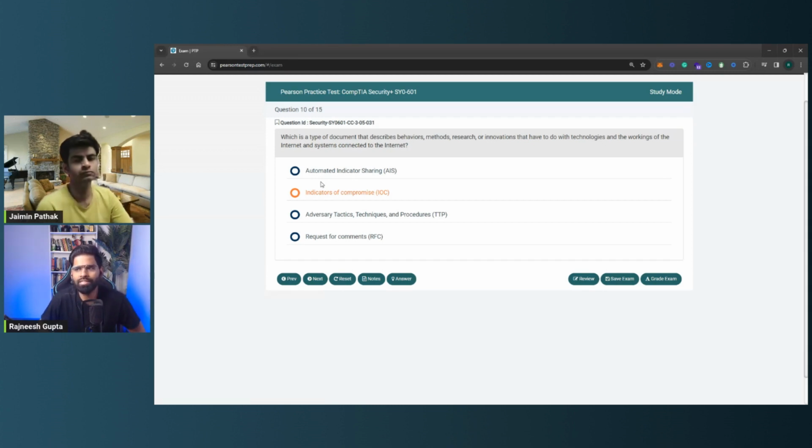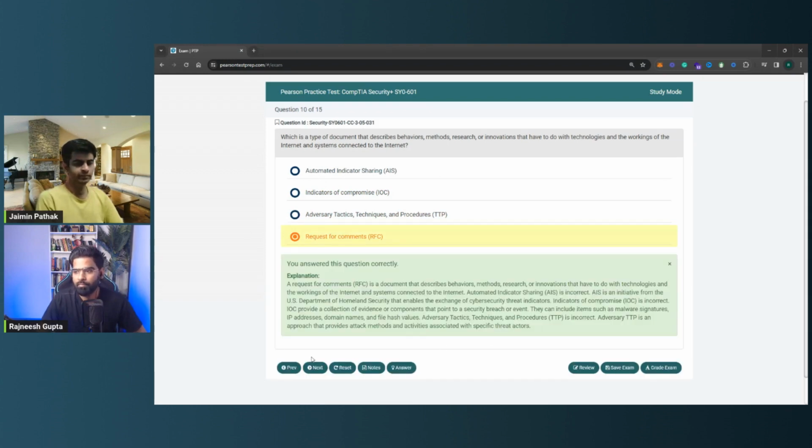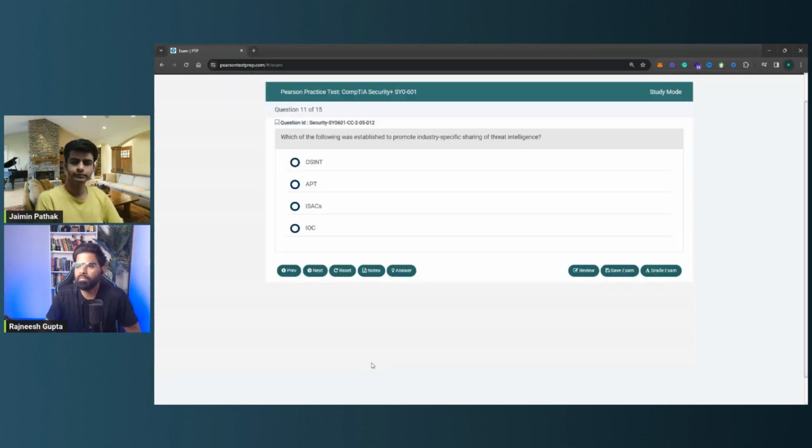So the protocols and their behavior, methods, and research innovation are all documented by creating an RFC. You just type RFC and you will get the list of every internet-based protocol, right? Perfect.